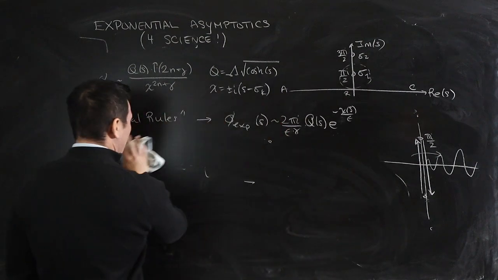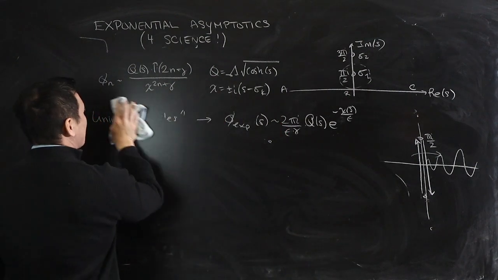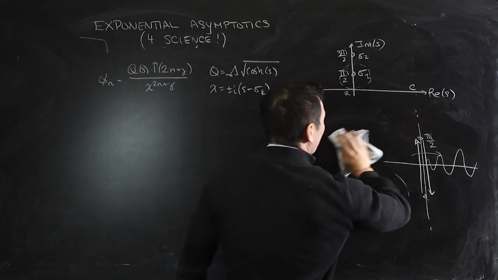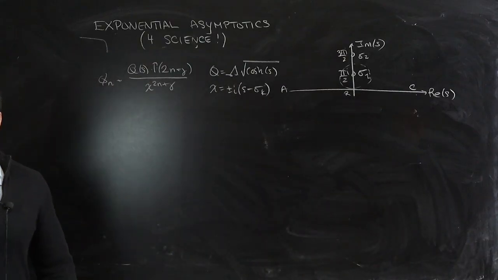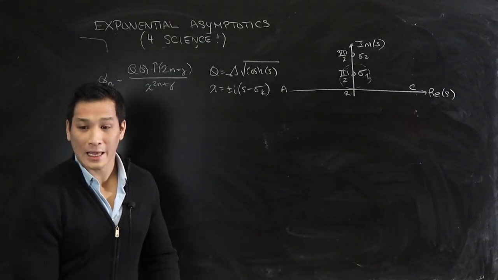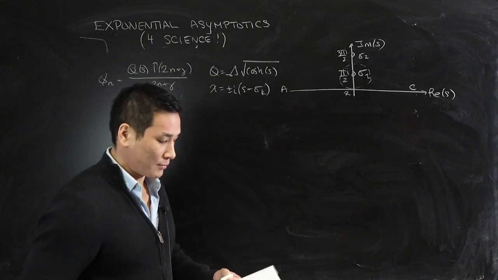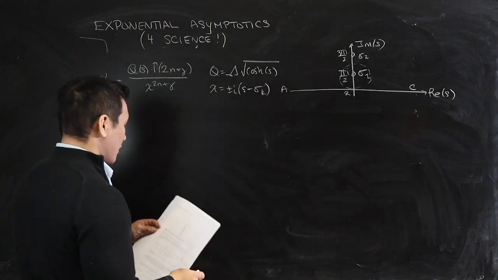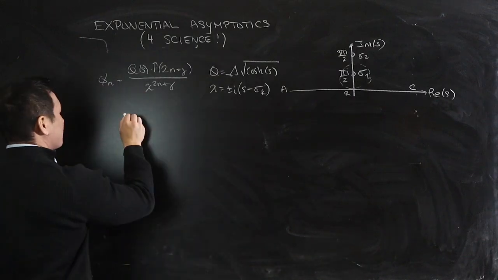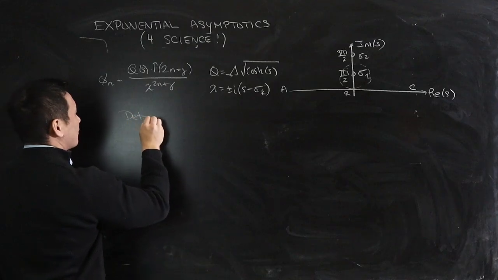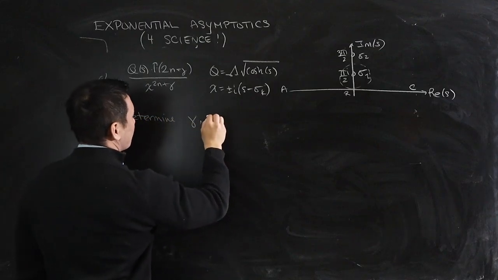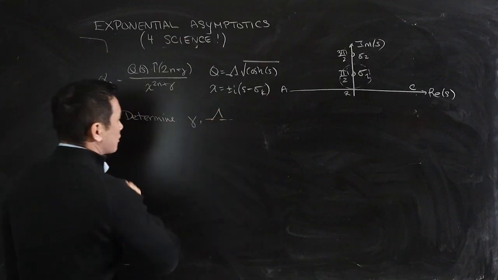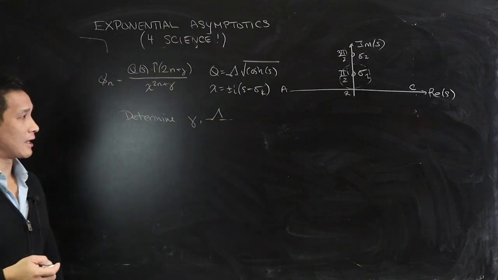Okay, so what are some comments to make at this stage? Well, firstly, let's just comment upon the remaining constants, gamma and lambda, right? So to determine gamma and lambda, firstly, gamma is easy to get.